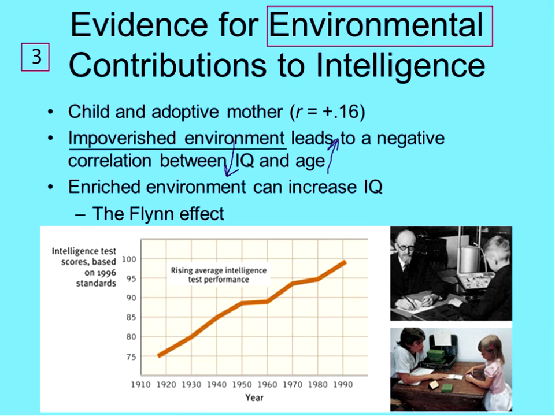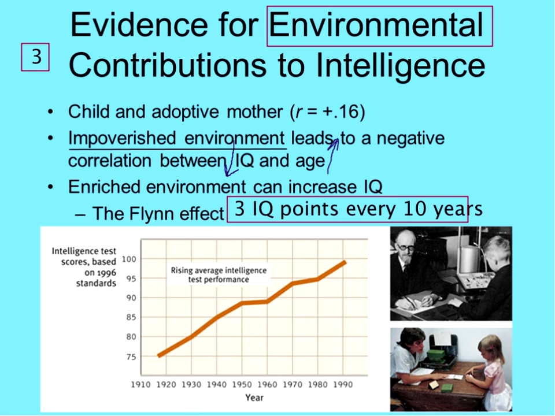James Flynn identified this amazing effect called the Flynn effect, this amazing phenomenon where there is a gradual creep up in IQ scores, population-wide, of 3 IQ points every 10 years. This doesn't mean that you individually become 10 points smarter or 3 points smarter every 10 years.